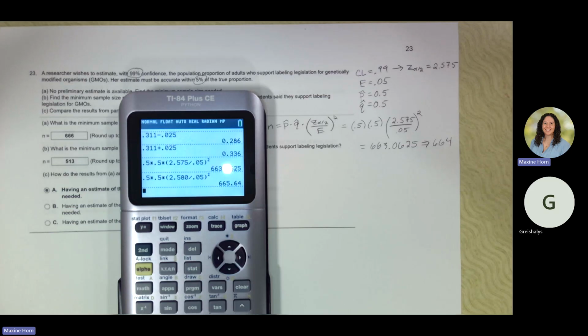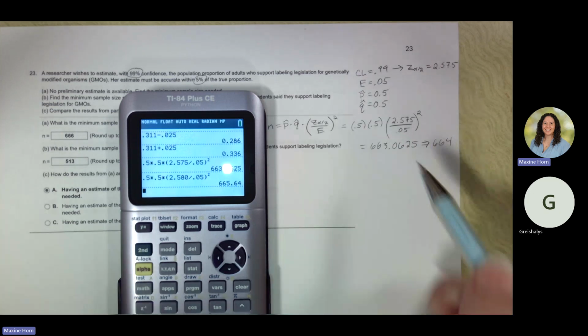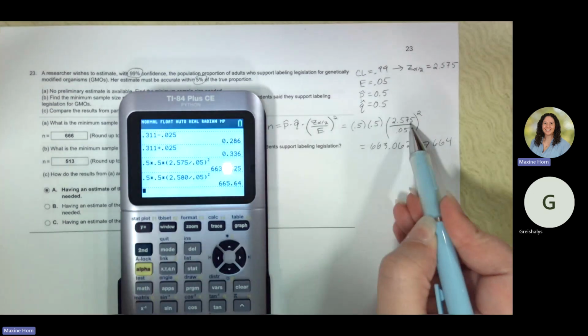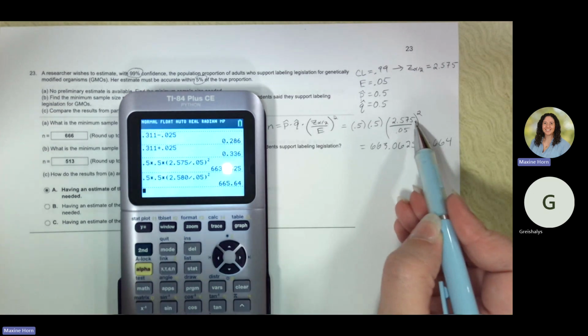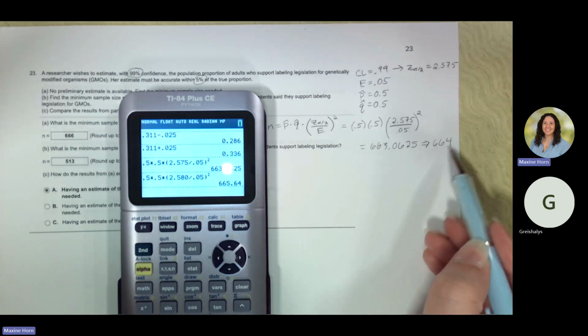Or they might say the system is programmed to take both answers. Since we know this is a number that's in the table in the back, we know that we can say 664 is an answer.